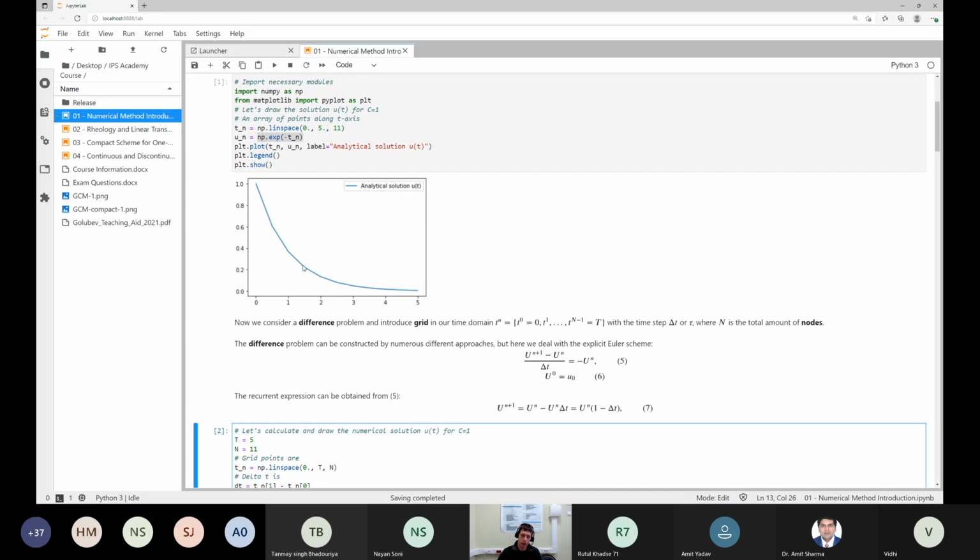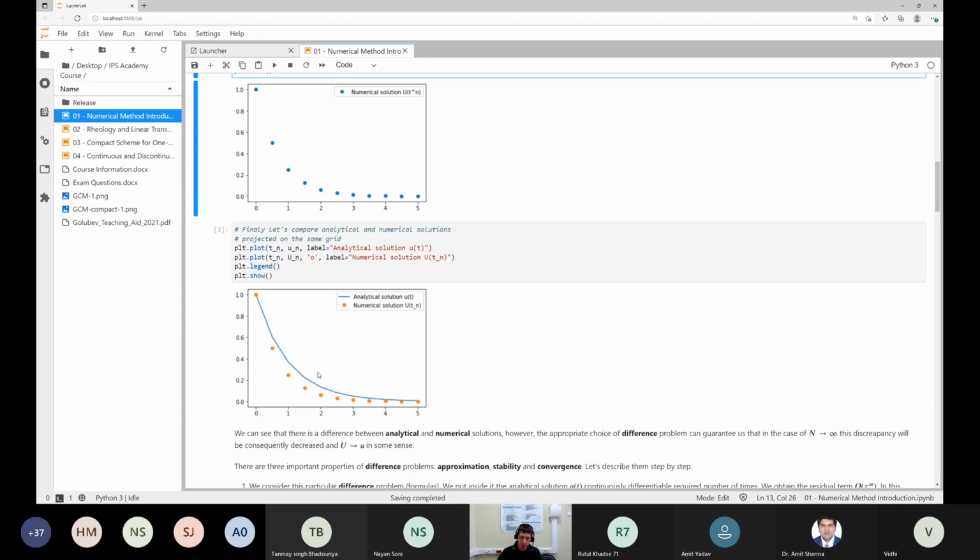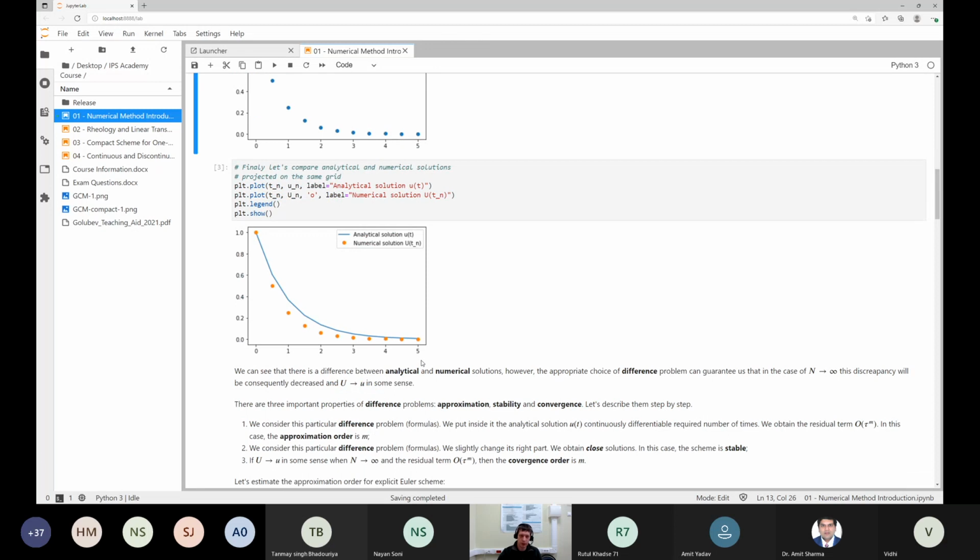If we speak about the numerical solution, we have to understand that we know how to calculate this solution only at some points. To compare, I put it on the same graph, and you can see that, of course, the initial point is the same, but we have some discrepancy, some difference between the positions.